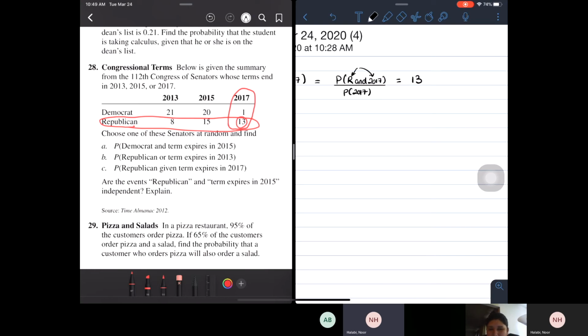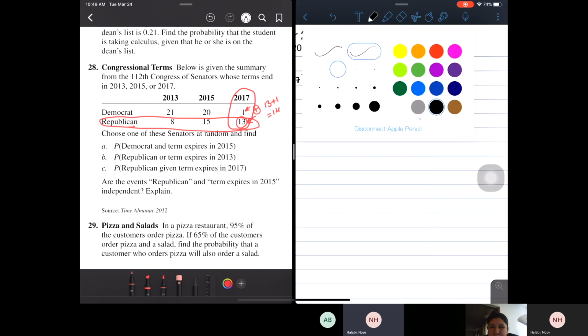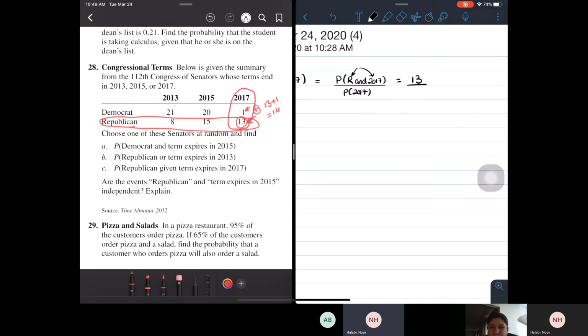So it's 13, and then the probability of being in 2017 is both of those numbers, this number and that number. So I just add them. It's 13 plus 1, which is 14, correct? Yes. So that's my sample space, the number of possible outcomes, the denominator.